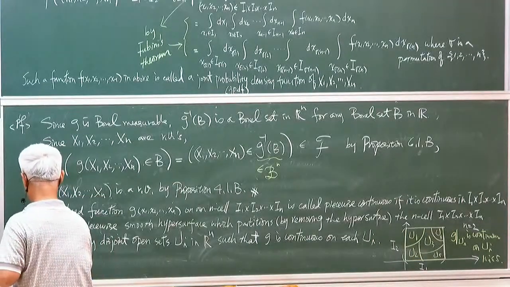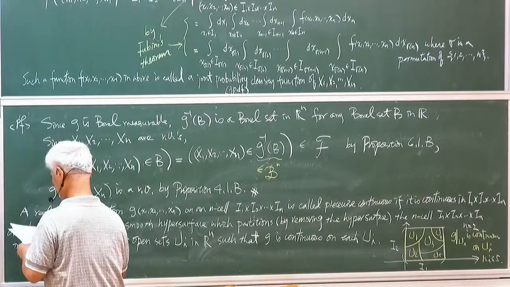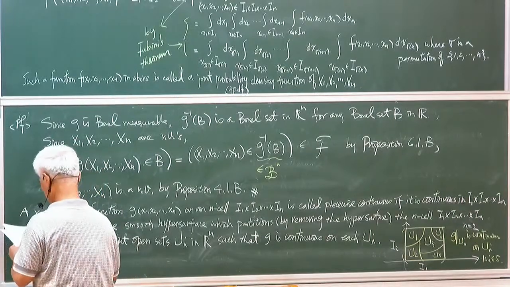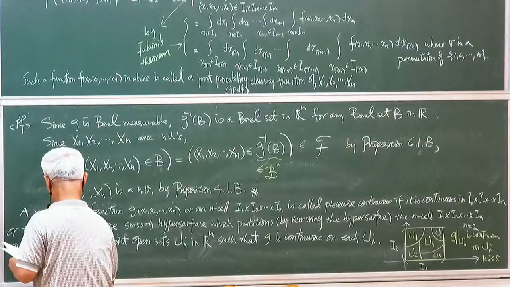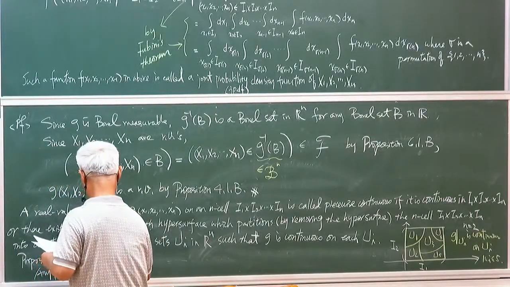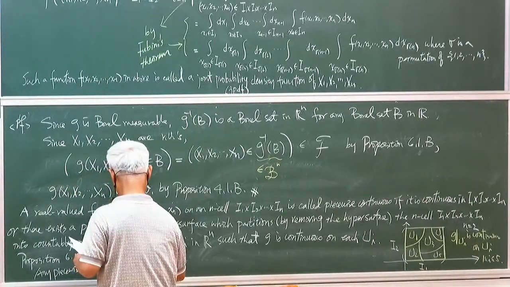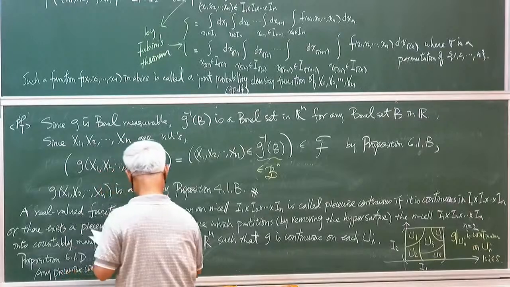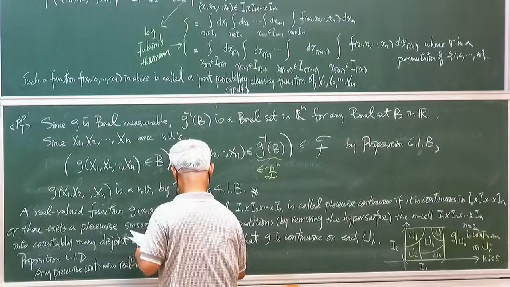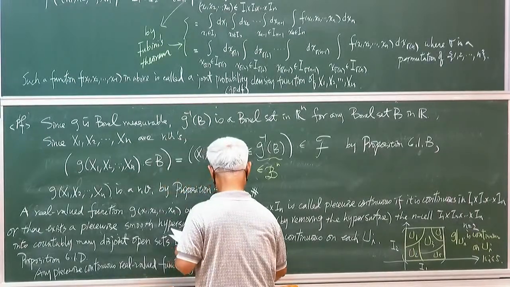And so we describe a proposition 6.1 point D. Any piecewise continuous real valued function G on an N cell is Borel measurable.